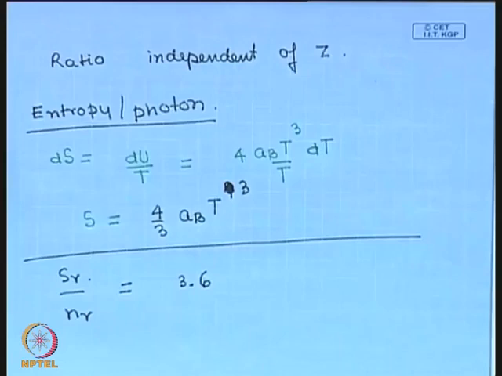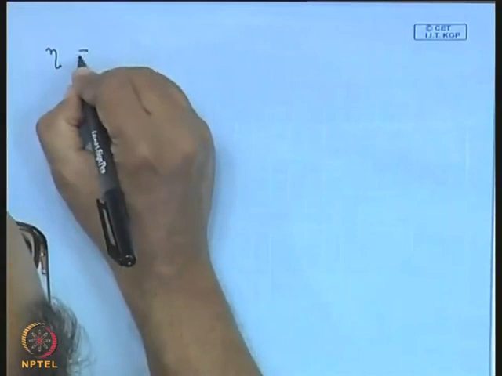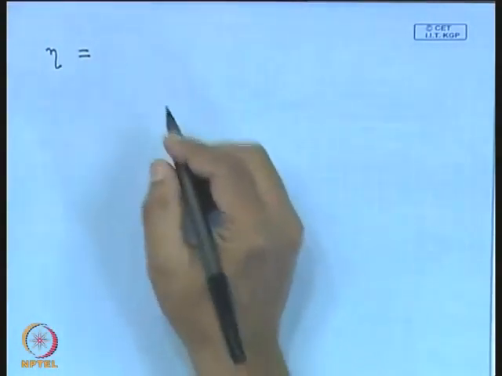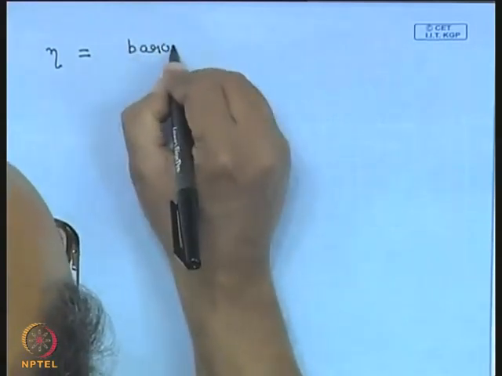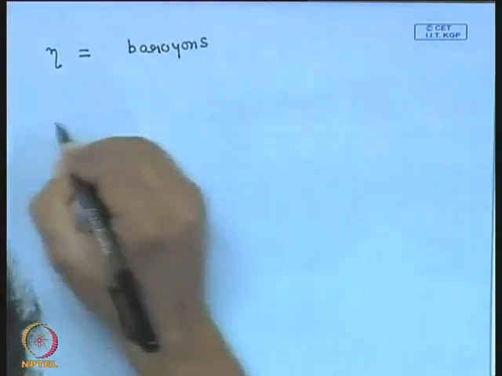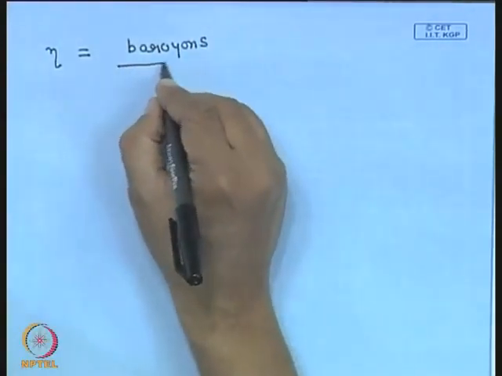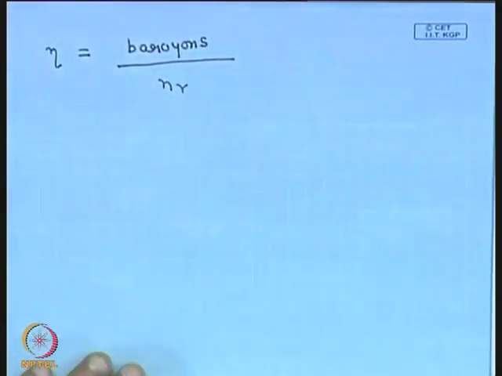Now if you calculate the entropy per baryon, let us calculate the ratio eta, the ratio of the number density of baryons to photons.